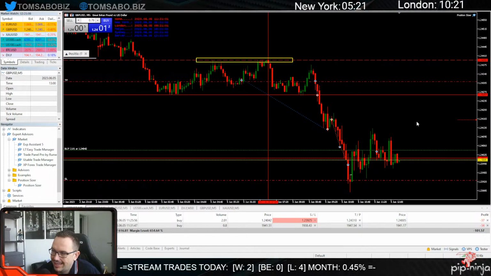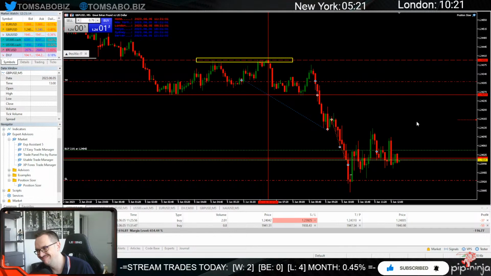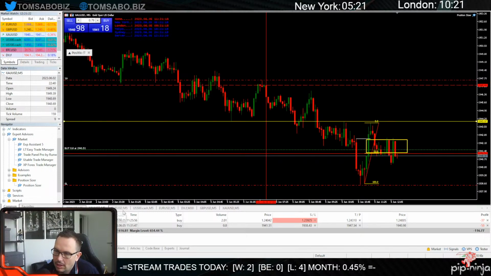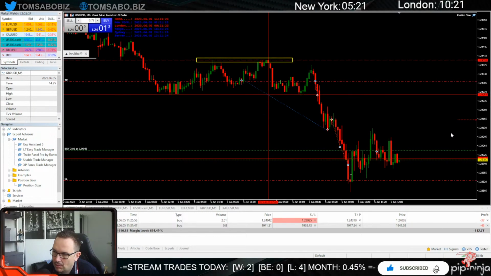But so far what I see here, I just don't like. Not my cup of tea. Very sloppy price action, very choppy. Most likely it wants to spike down and take out some more levels. Don't like it.